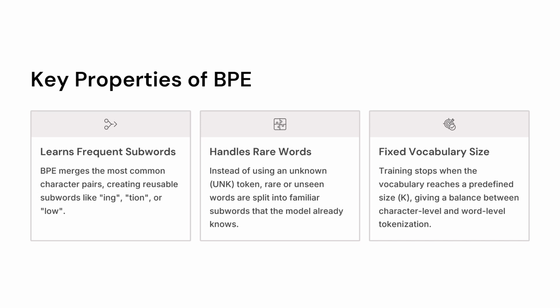And thirdly, we have a fixed vocabulary size, which helps in tackling the issues between rare words and common words, and so the model reaches a balance between them. These properties make byte pair encoding an efficient and practical tokenization algorithm, which is why it has been widely used in many language models.